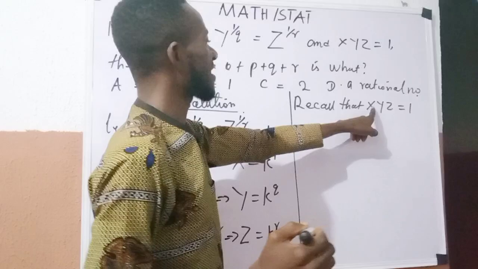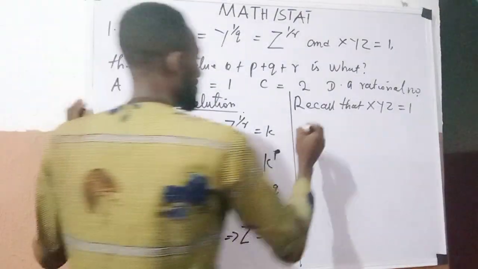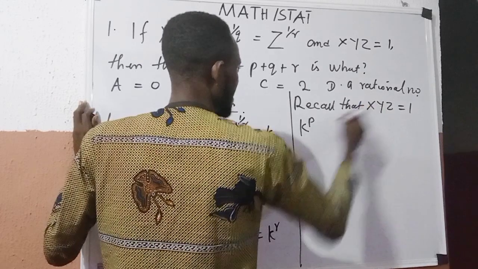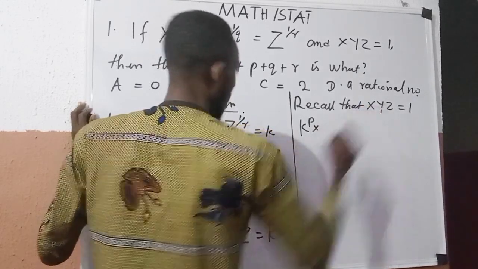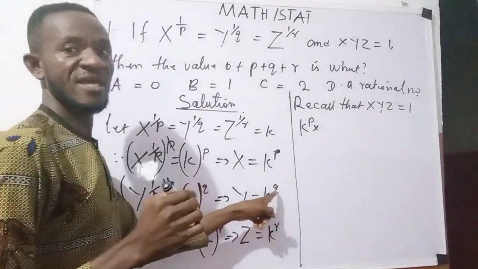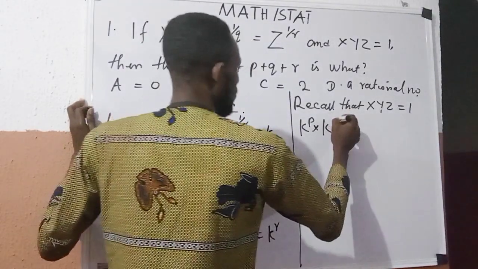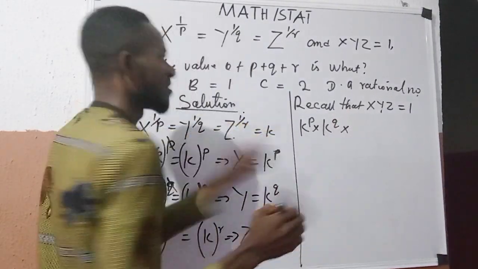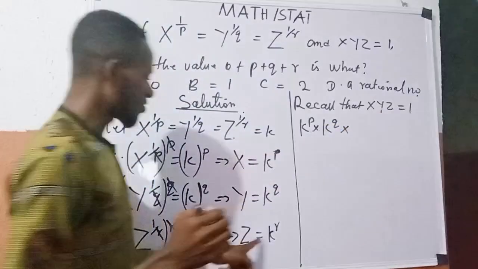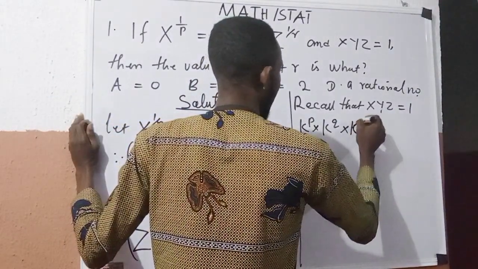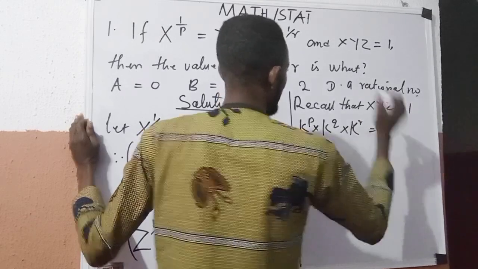So in place of x, I'm going to write k raised to power p, multiplied by, in place of y, k raised to power q, multiplied by, in place of this z, I am going to write k raised to power r. This is given as 1.